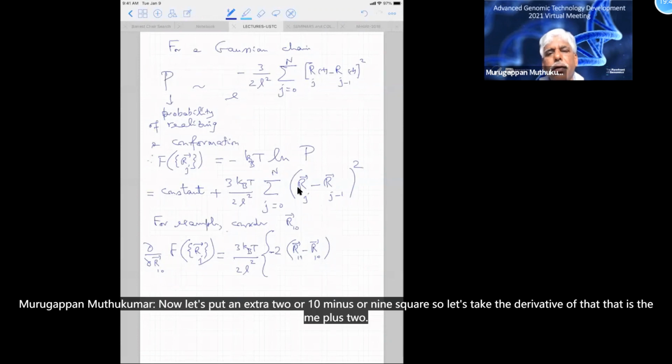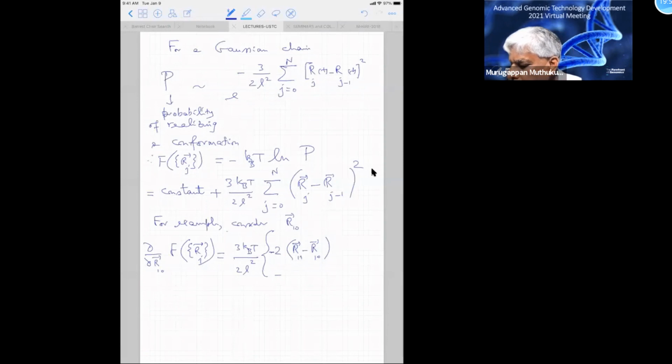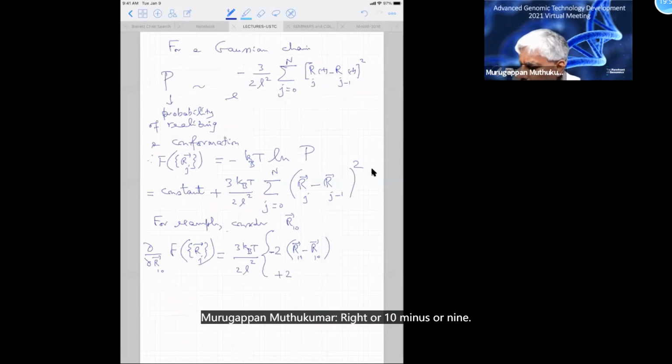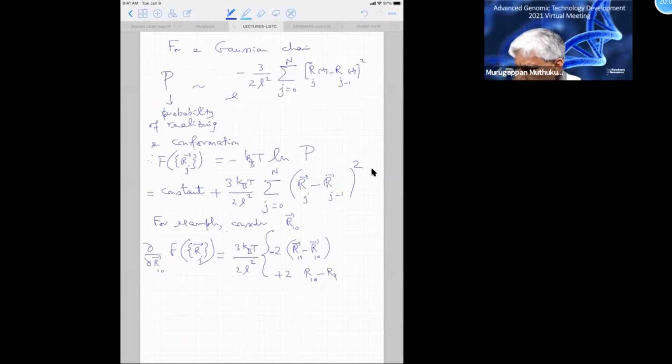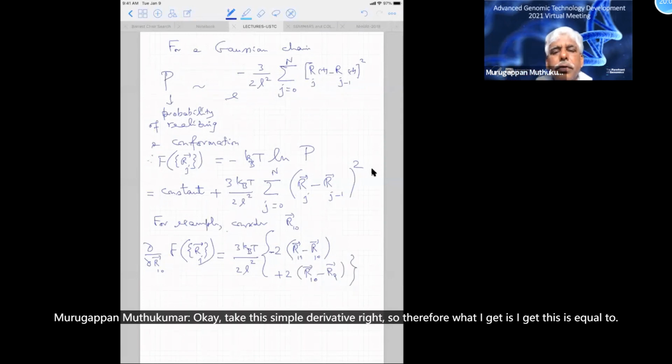Now let's go to the next term, R10 minus R9 squared. Let's take the derivative of that. That will give me plus 2 times R10 minus R9. That's what we get. Okay, taking the simple derivative, right?